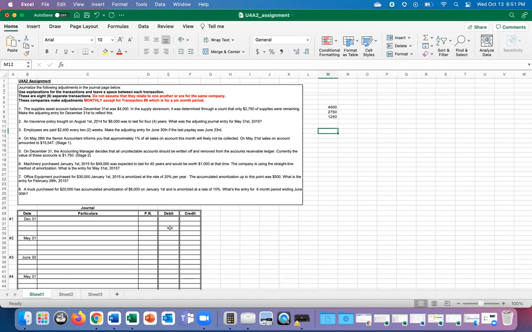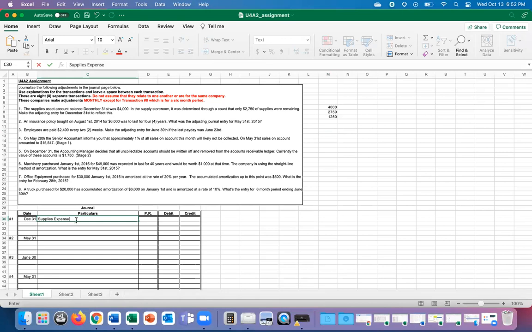So that's the number that we're going to use for our journal entry. And so now the only question is, what do we put in the journal? What accounts are being affected by this transaction adjustment? So the first one, our debit, and we're going to put this down here in the journal, is the supplies expense account.